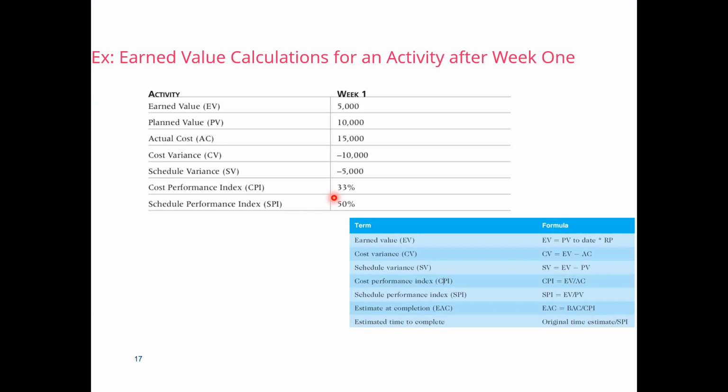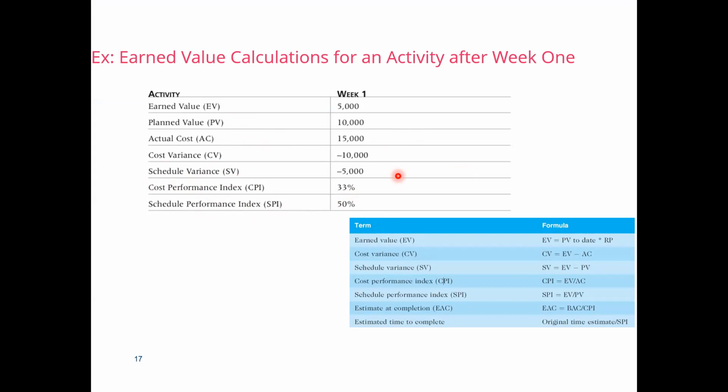It's your homework activity: with the given earned value, planned value, actual value, and the cost variance, you need to interpret the values for the schedule variance, cost performance, CPI, and SPI, and say what these numbers mean.